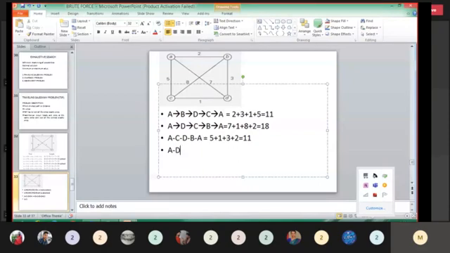Now, the distance from A to D is 7, plus D to B 3, plus B to C 8, plus C to A 5. Okay. What is the total value? 23. Okay. What is the next possible path?